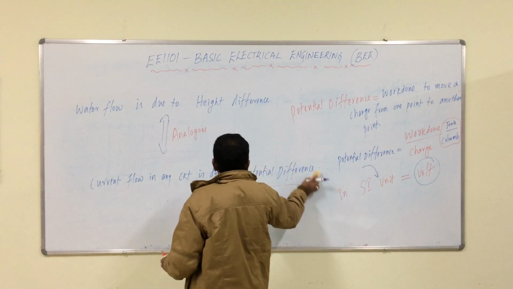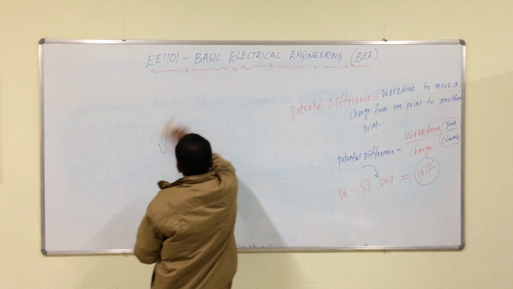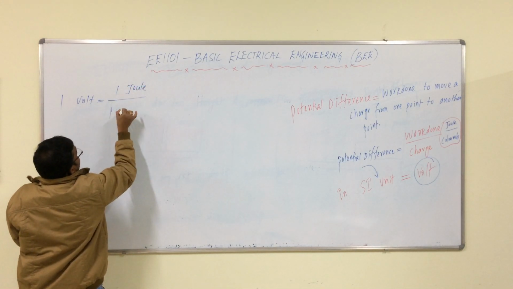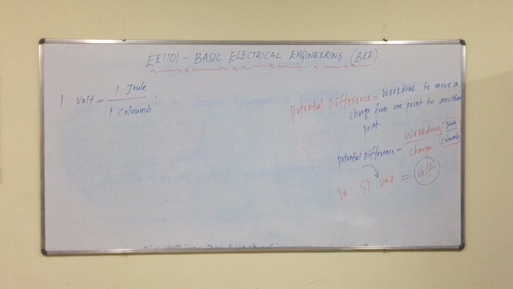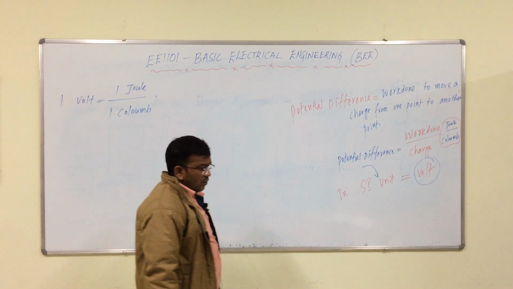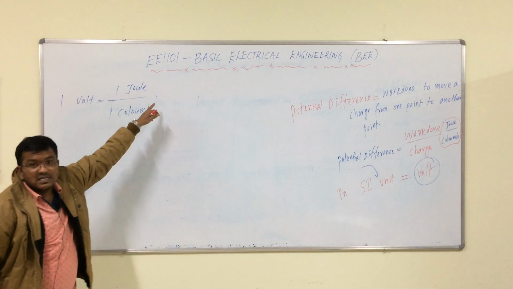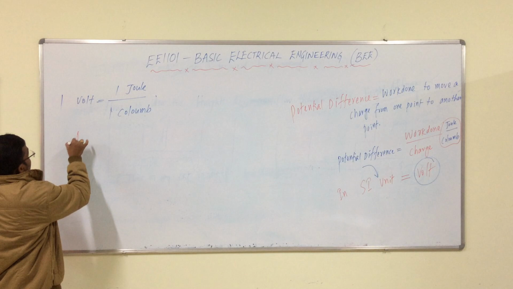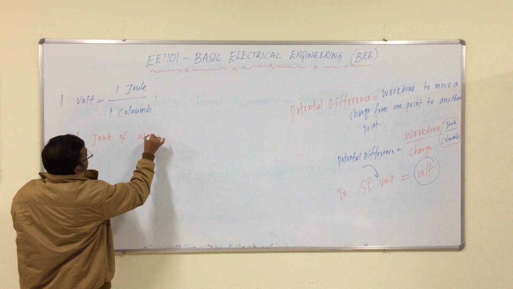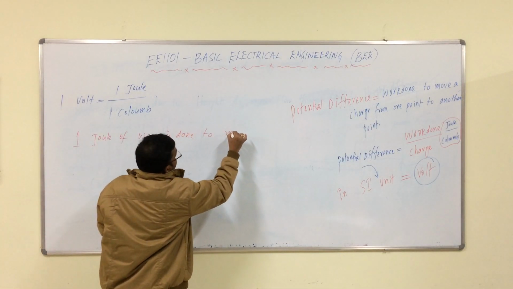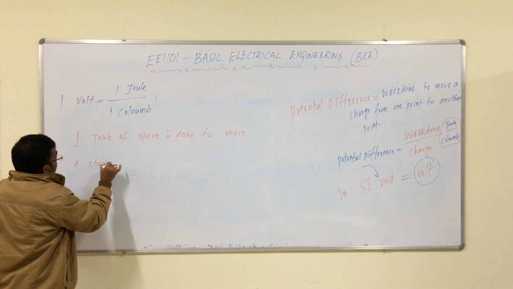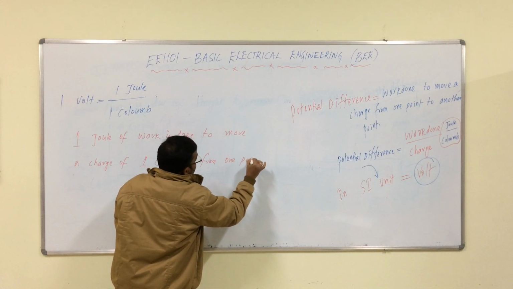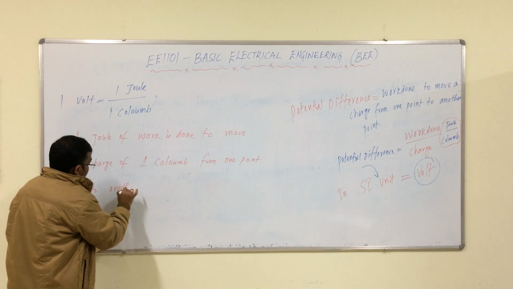So, what is 1 volt? 1 volt is equal to 1 joule per 1 coulomb. 1 joule per 1 coulomb means what? 1 joule of work is done to move a charge of 1 coulomb from one point to another point.